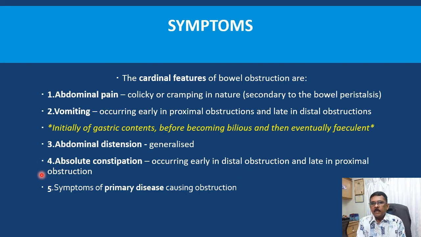And finally, symptoms related to the primary cause of the obstruction. If the patient has a tumor as the cause of obstruction, then one of the symptoms will be passing blood per rectum.